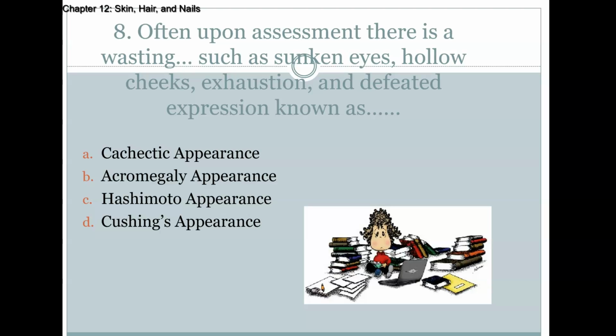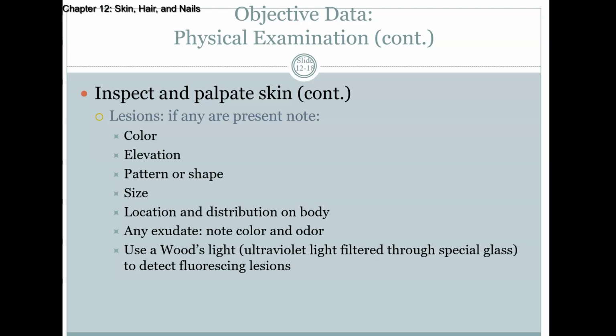A lot of times I hear when a person has problems with their growth hormone, once they have that, it's hard for it to go back. If a person is cachectic, it looks like they're really all sunk in, and if a person has a Cushing's appearance, it's that little round head, kind of like CeeLo Green, and they usually have a fat mid area. So just knowing those type of things.